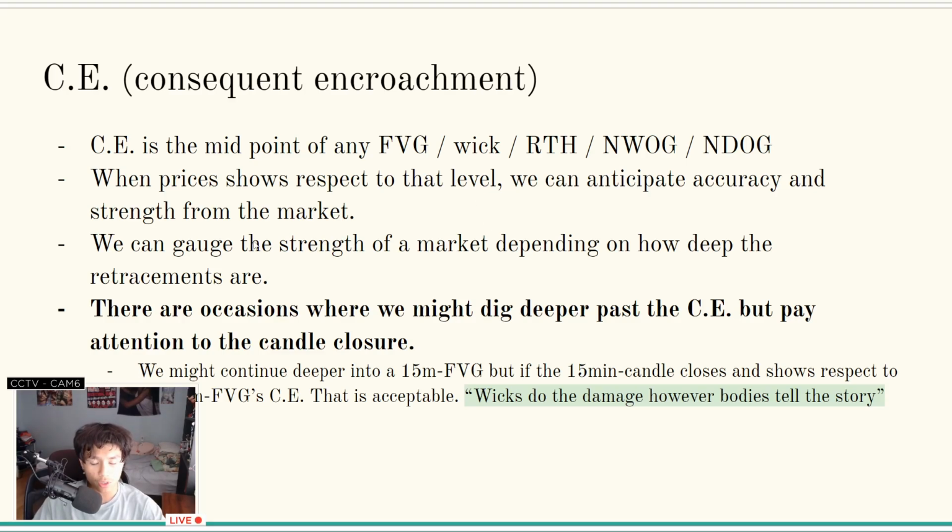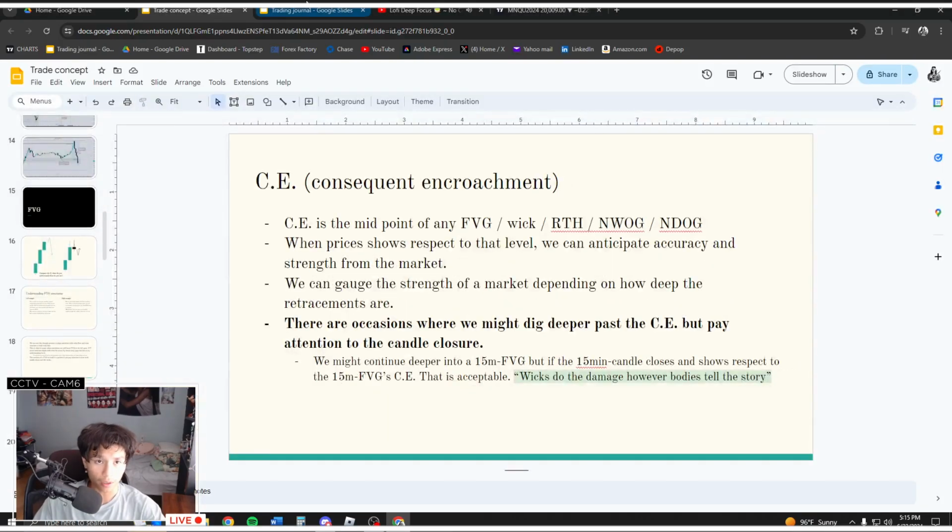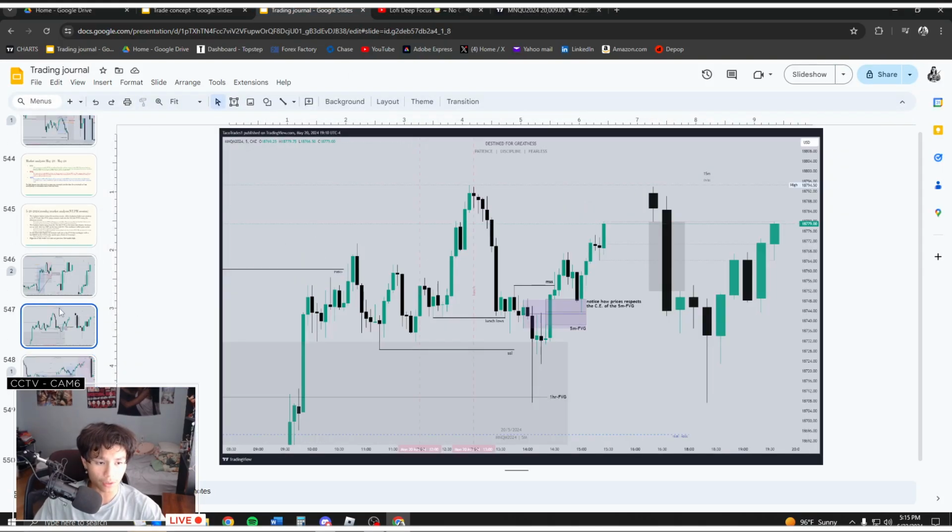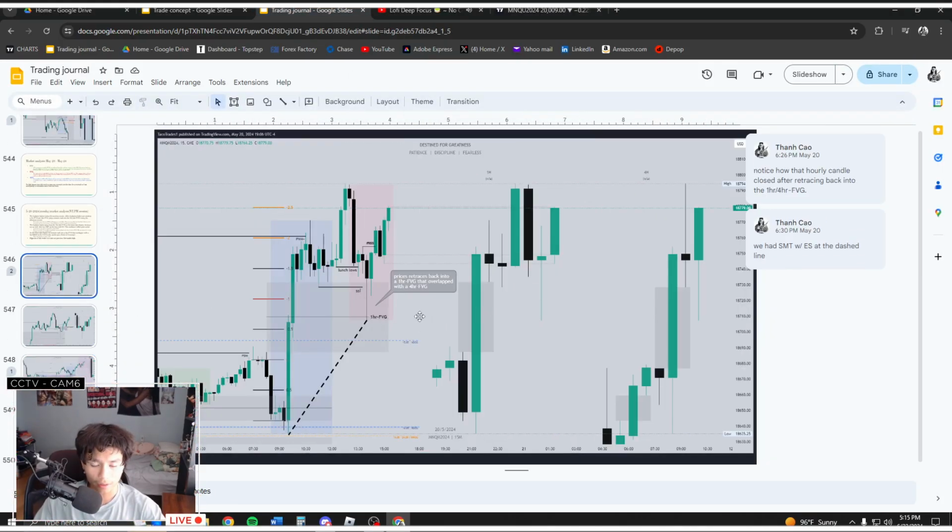We can gauge the strength of a market depending on how deep the retracements are. Let's say price retraces back into a fair value gap, but we only retrace back into the upper portions of this fair value gap here in this example. That means we are bullish, we are strong. But let's say we retrace all the way back to the low end of the fair value gap.